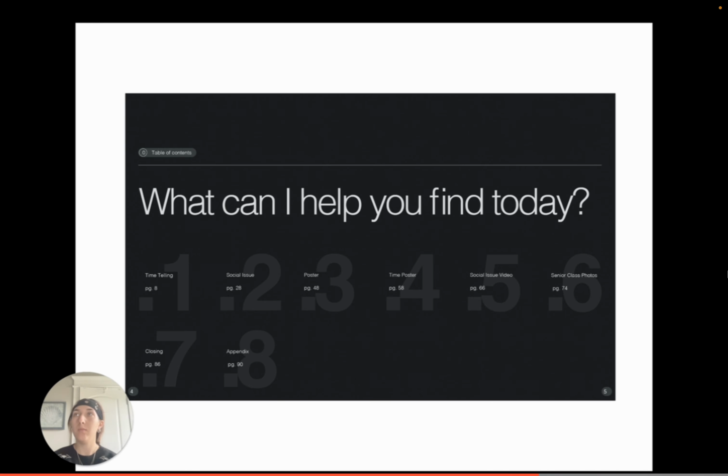I think it went with the tone of my booklet, and it's almost as if, while you're looking for a page in my booklet, you're going to this chatbot, except the chatbot is just the design that I have presented saying, what can I help you find? Here's everything laid out that you could want to look for.